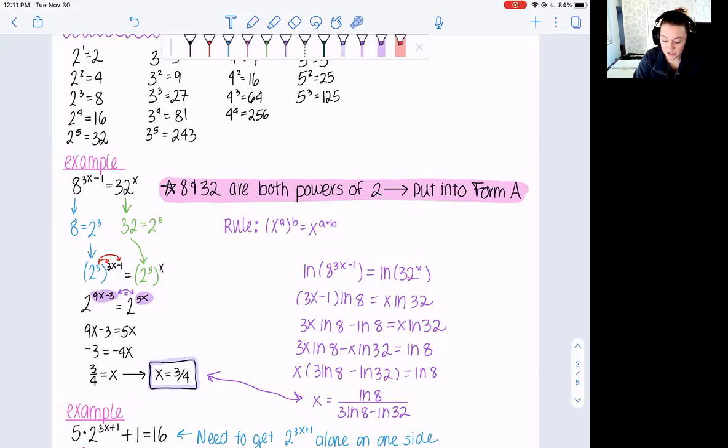But I could have done this technique. The applying ln technique actually works in any case, all right? However, what I will tell you, because I went through your guys' homework, if you try to enter this on some of the problems where you have common bases, it won't accept this as an answer.